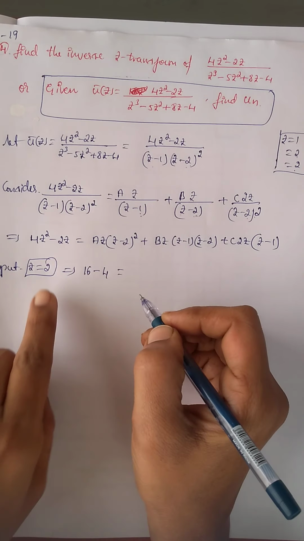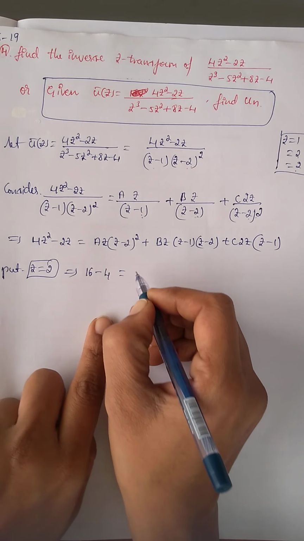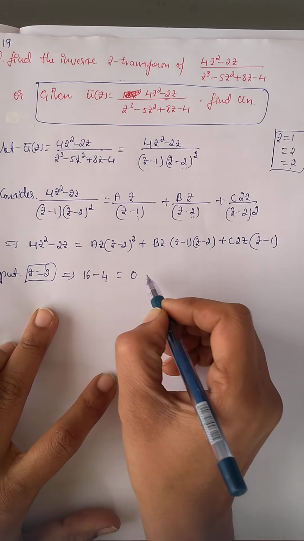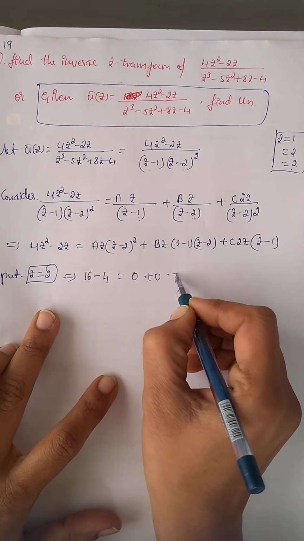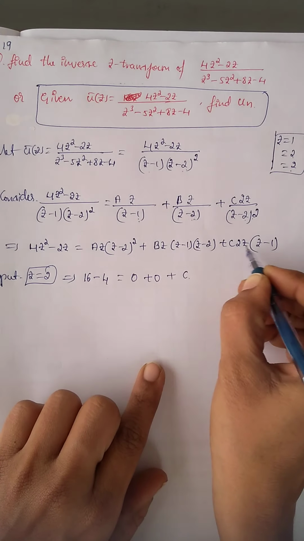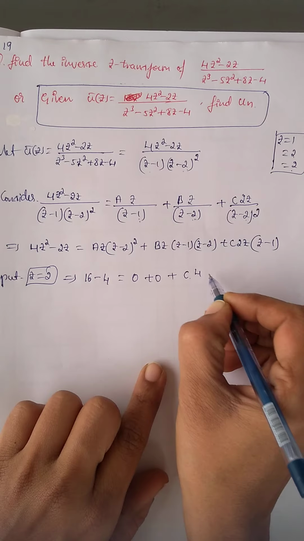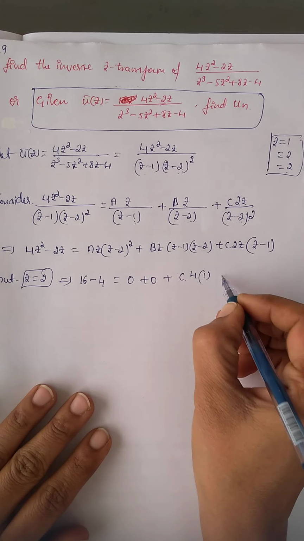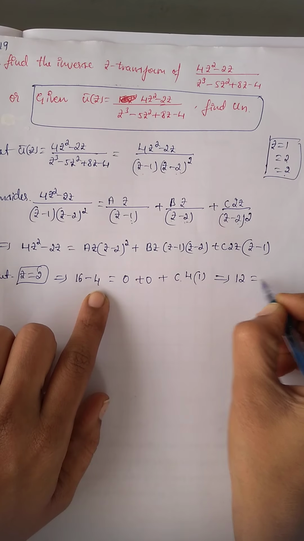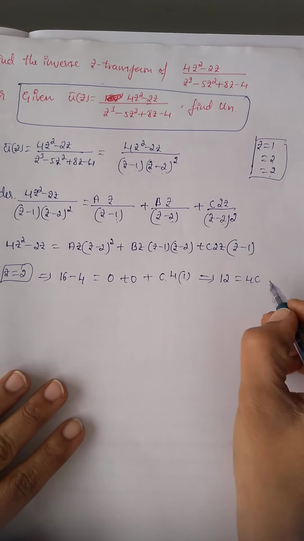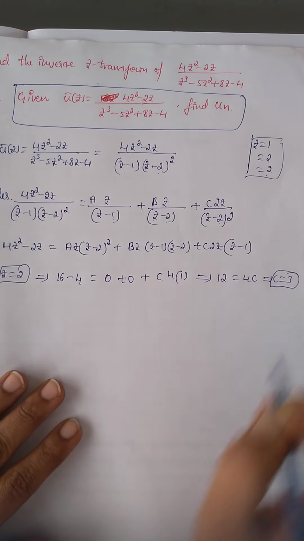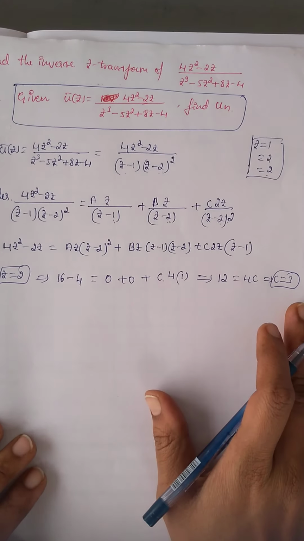On the RHS, with z equal to 2, the first term is 2 minus 2, which is 0, and the second term is also 0. The third term gives C into 2 into 2, which is 4, times 2 minus 1, which is 1. So 16 minus 4 is 12, equal to 4C. This implies C is equal to 12 by 4, which is 3.